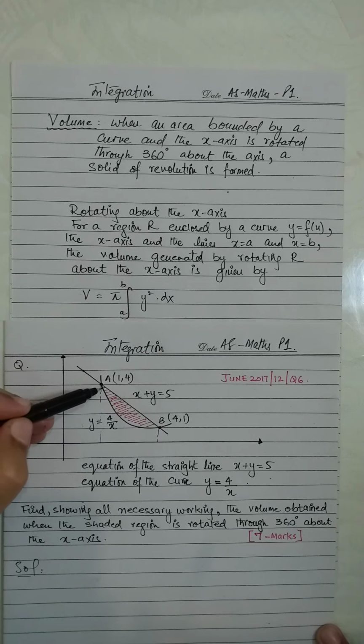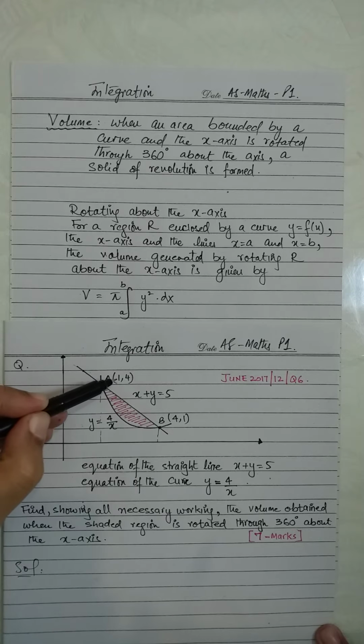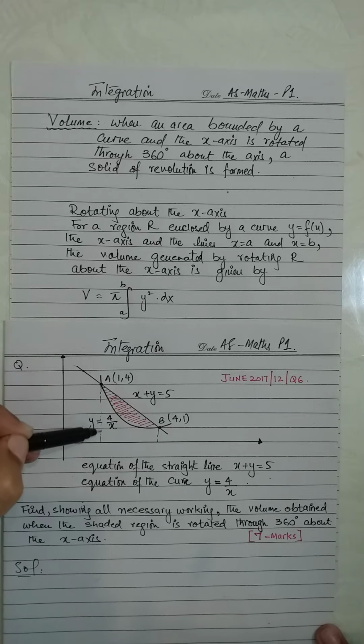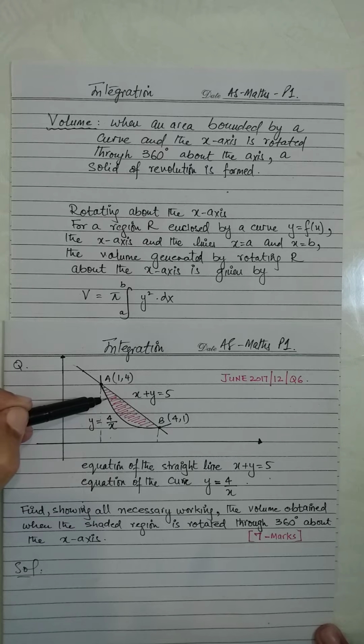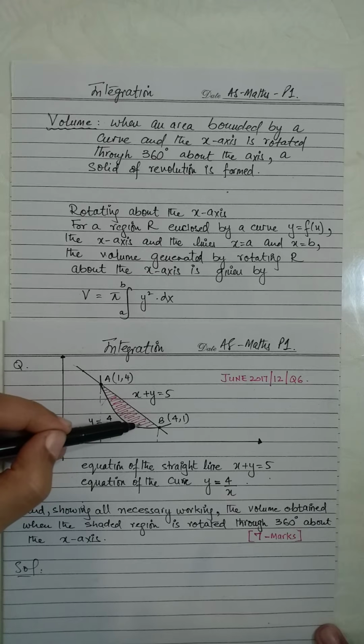If I integrate this straight line with the limits of x as 1 and x as 4, I will be getting the whole area under this. And then if I integrate this curve with the same limits 4 and 1, I will be getting only the area under the curve. So I need to find this area.